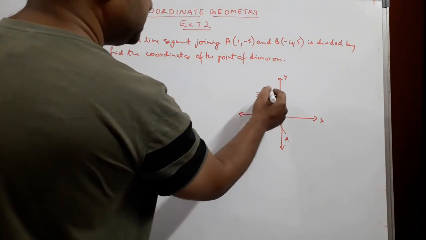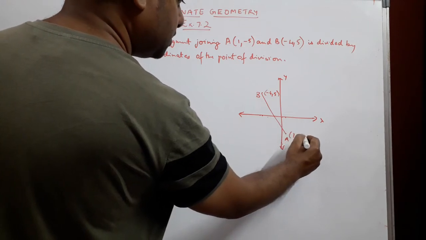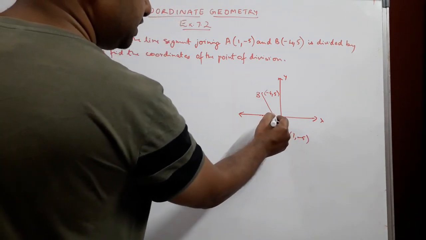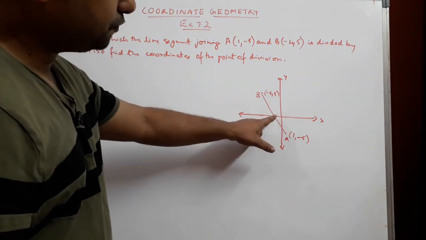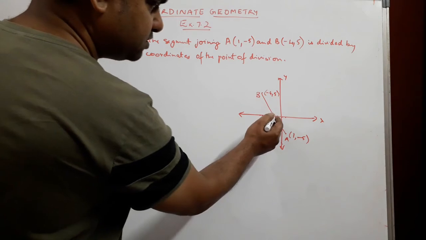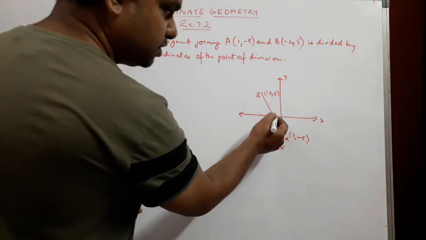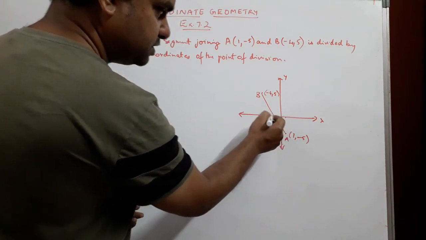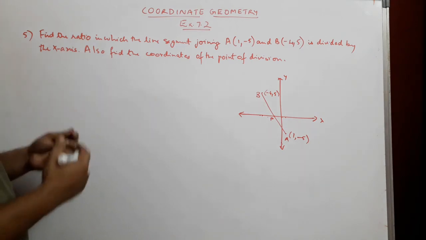We'll put B as (-4, 5) and A as (1, -5), and name this point P. We need to find the ratio in which P divides AB, and also the coordinates of P. Since P lies on the x-axis, the ordinate y has to be 0. That can help us find the ratio first, and from the ratio we can find the coordinates of P.